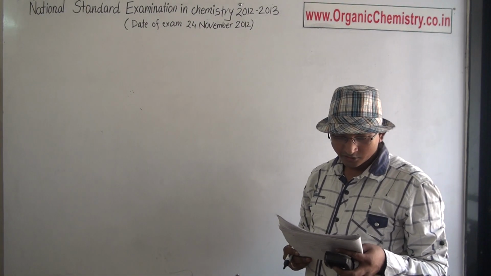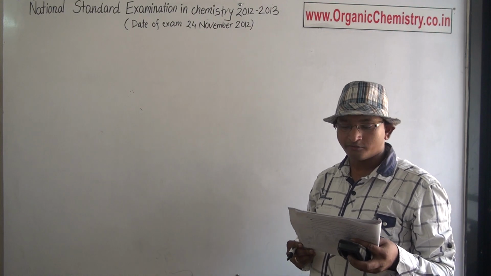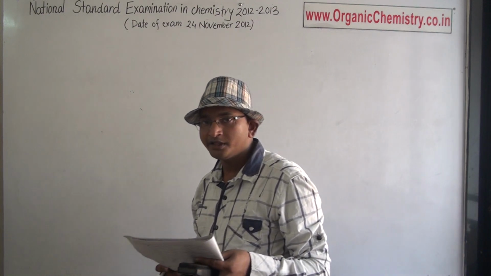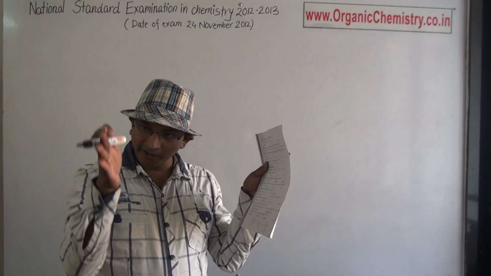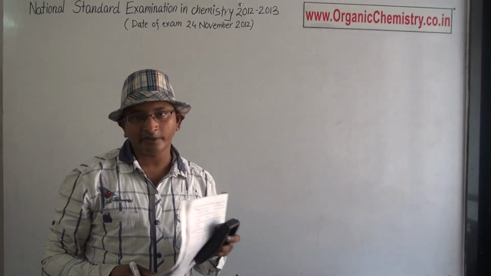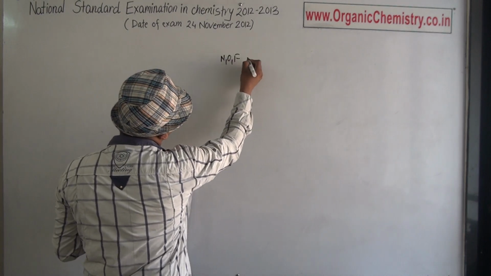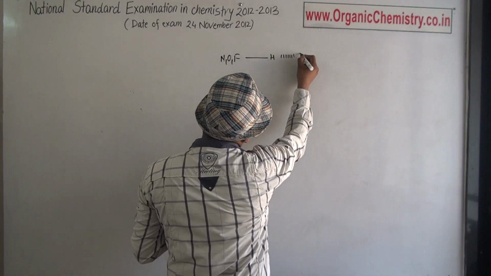Next question is, which of the following compounds has the least tendency to form hydrogen bonds between molecules? Hydrogen bonding is simply an electrostatic force of attraction when hydrogen is placed between two electronegative atoms, and those electronegative atoms may be nitrogen, oxygen or fluorine attached with hydrogen.